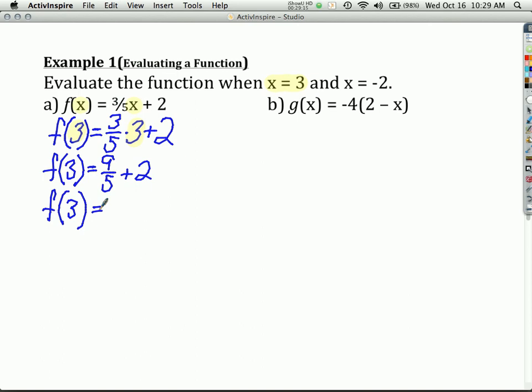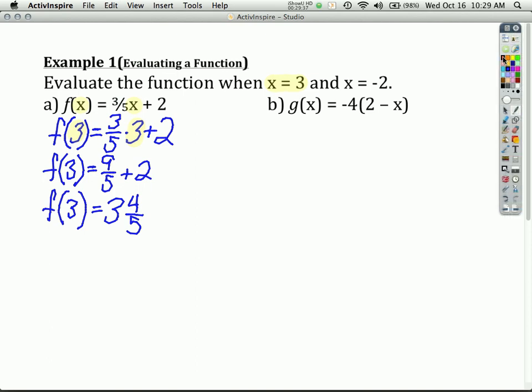F of 3 equals 3 4/5. So you can either say that it equals 19/5, or you could say 3 4/5. And so f of x is 3 4/5 when x is 3. So that's one of the values we were looking for.